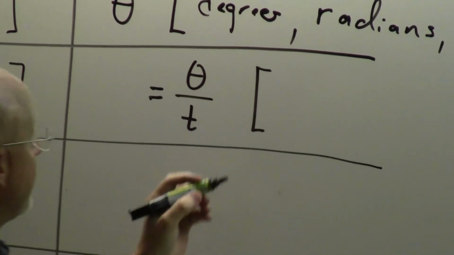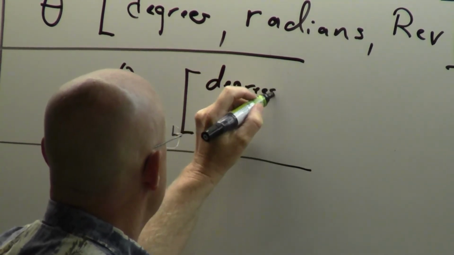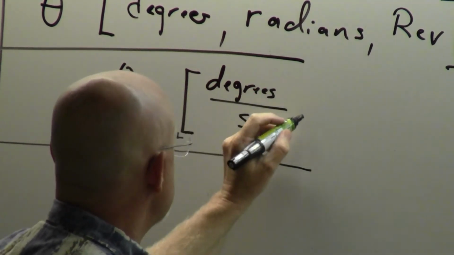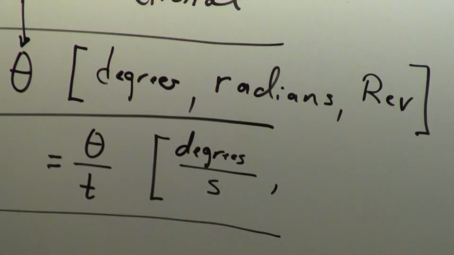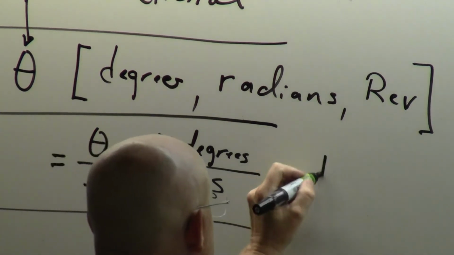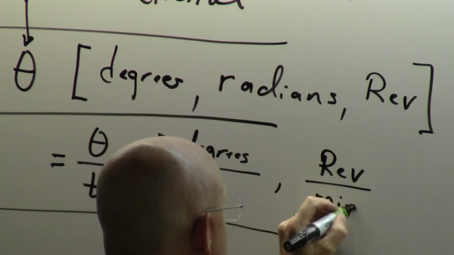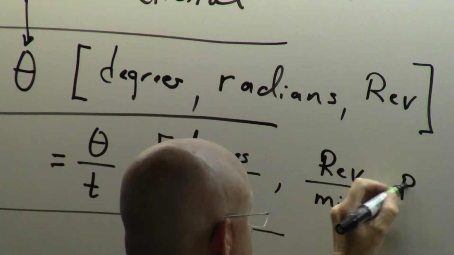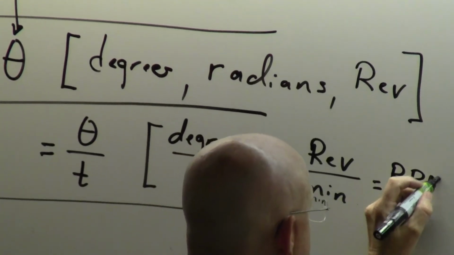I might do something like, how many degrees per second did it rotate? Or a more common one that you've probably come across is, how many revolutions per minute? Usually abbreviated as RPMs.